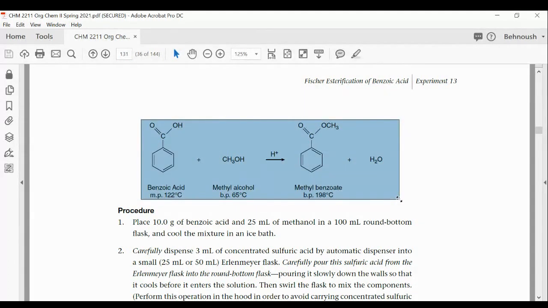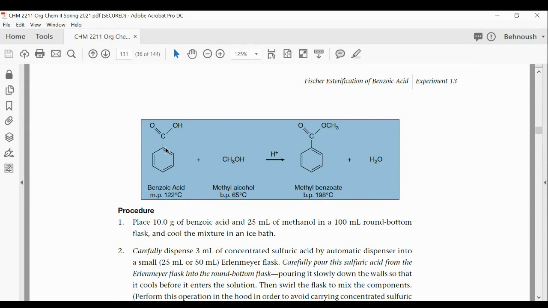Ideally, there should be no benzoic acid, but it's a reaction. And if there is any leftover benzoic acid, then you have to remove it. When you add sodium bicarbonate, it reacts with the acid.